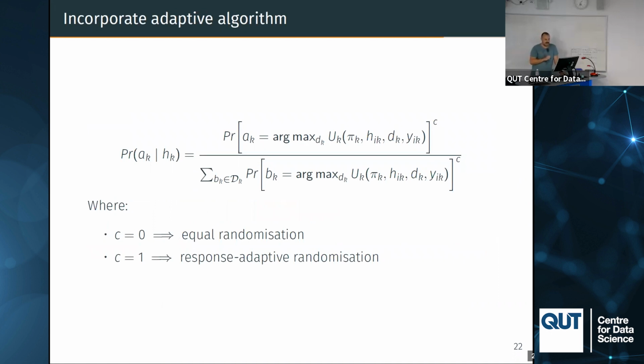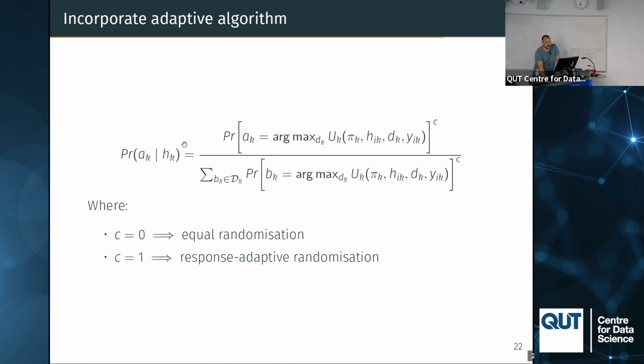So instead of having this randomisation probability in a SMART equal to or proportional to the fraction of the number of treatments under consideration, we can use something that's just a type of Thompson sampling algorithm, or posterior sampling.